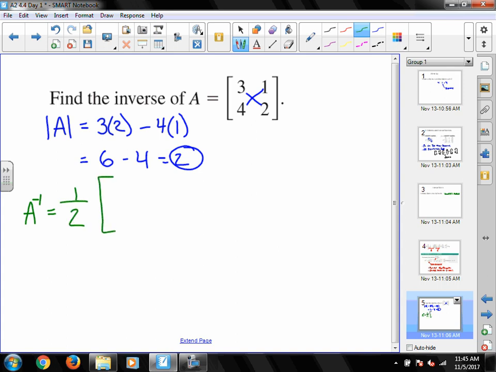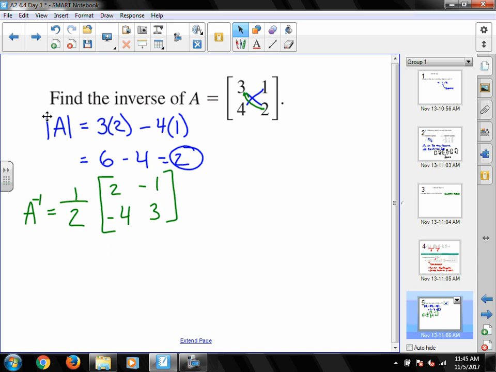And then we switch our main diagonal. Our 3 and our 2 have to switch places, 2 and 3. And I change signs on my 1 and my 4. In this case, since they were both positive, they both go to negative. And now all we do, multiply through by that scalar. Remember, when we multiply by the scalar, it's almost like a distributive property.